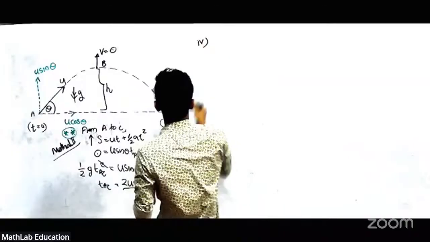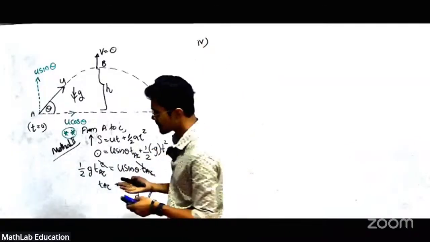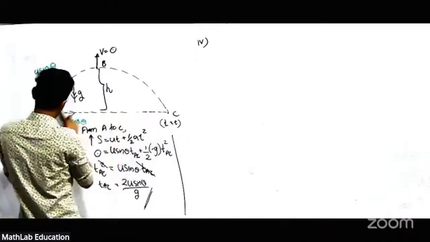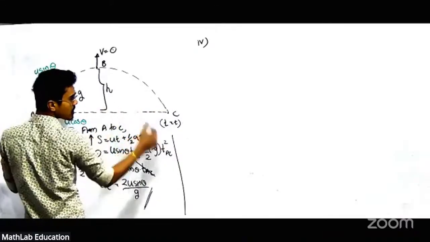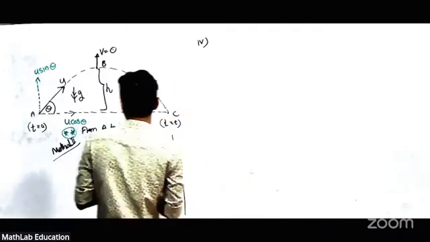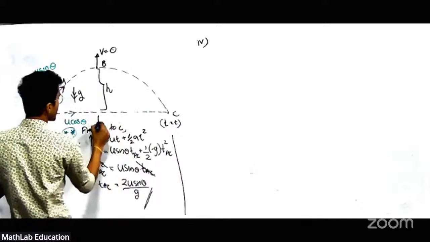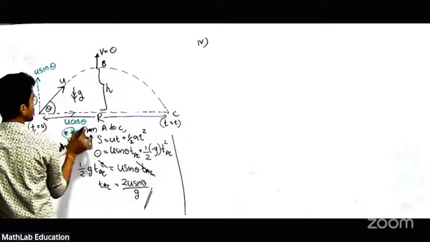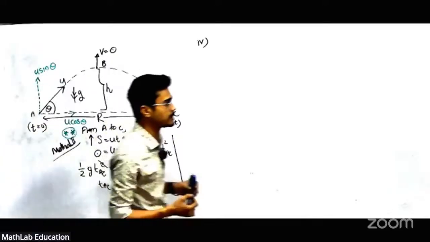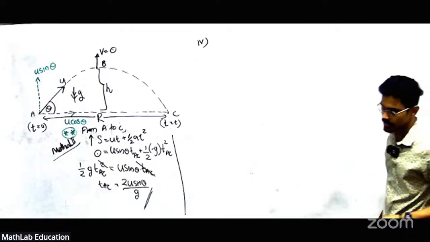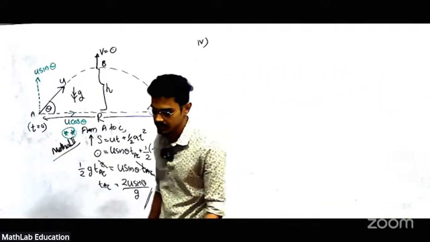The horizontal range of a projectile motion is the horizontal distance from A to C. The horizontal distance from A to C is called the horizontal range of projectile motion. And usually we denote it by R, with the meaning of range. Horizontal range of a particle.